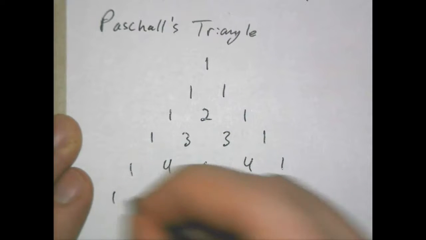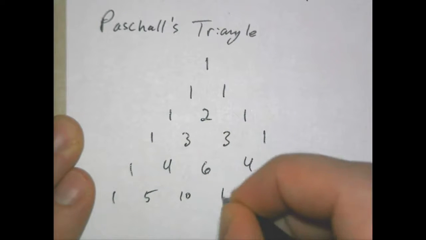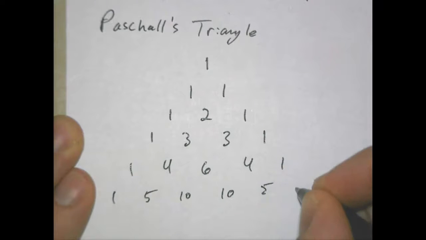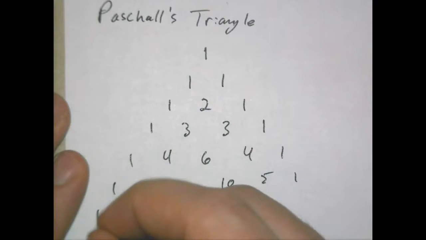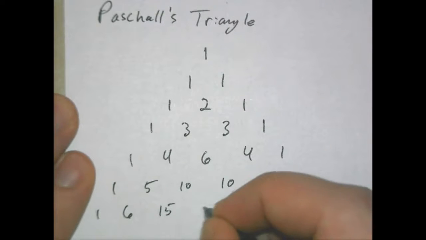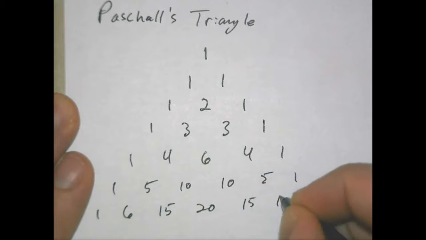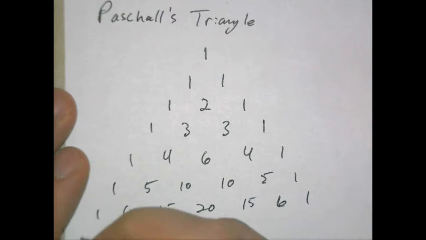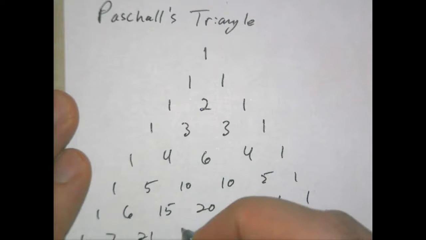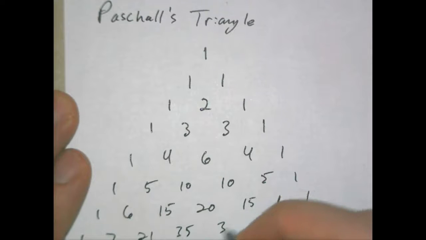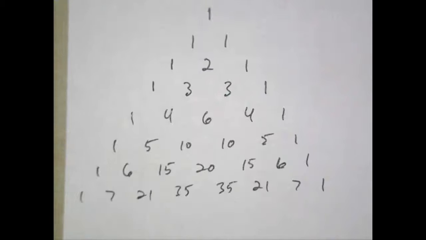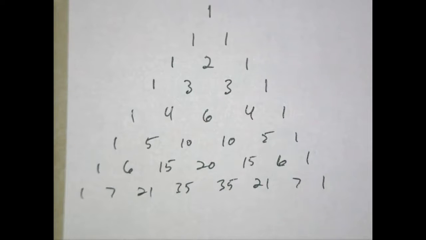So you can keep this pattern going to infinity. It really makes no difference where you go to. It just depends on how many rows you want to write, or what your problem is asking for. So it'll keep going in that same pattern forever.